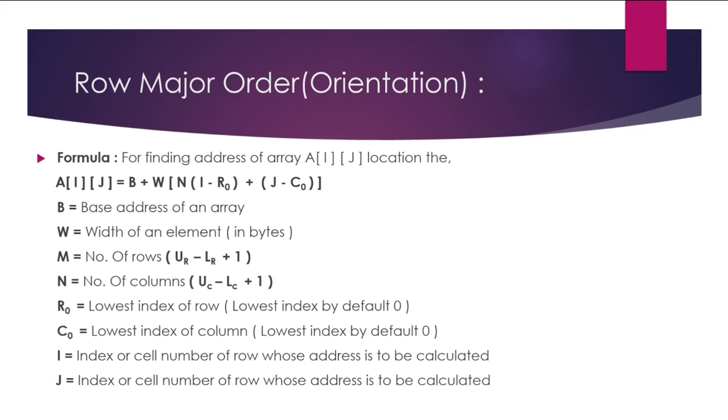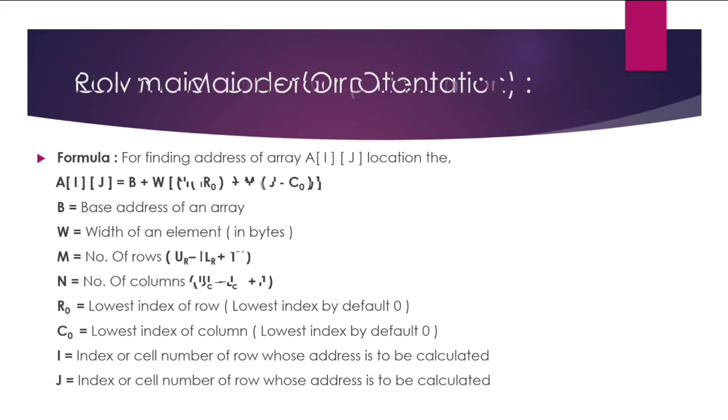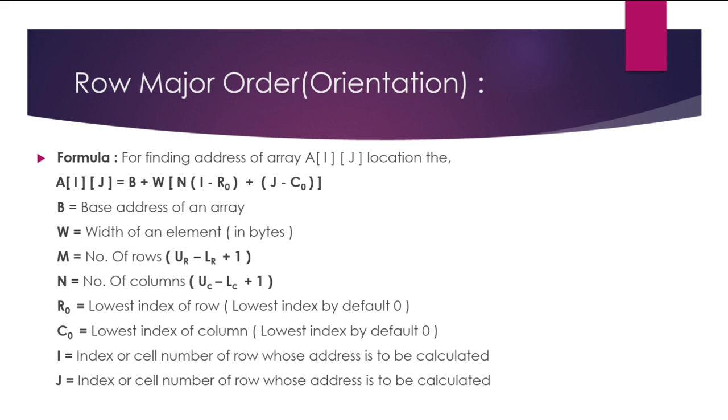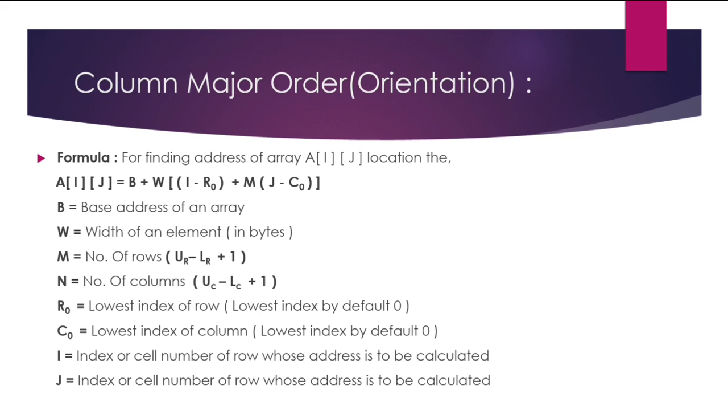M is the number of rows, placed with the column, and N is the number of columns, placed with the row. It is the basic difference between both the formulas. Otherwise, everything is totally the same except M and N.